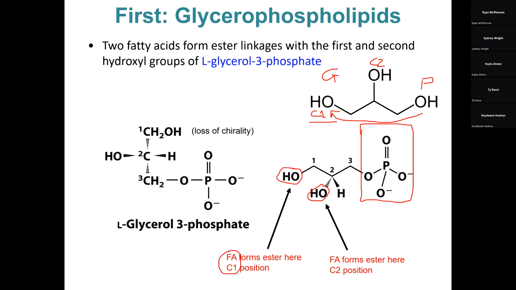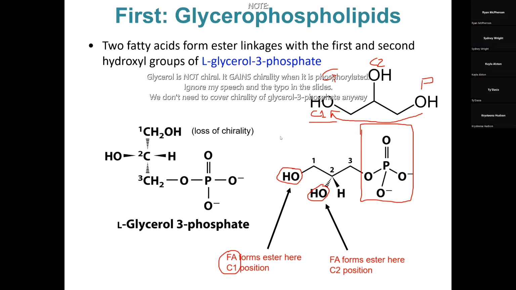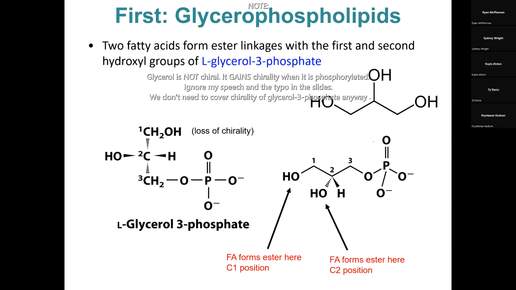Something interesting to note is that glycerol itself is a chiral molecule. So this here is a chiral center because you have 4 different groups.